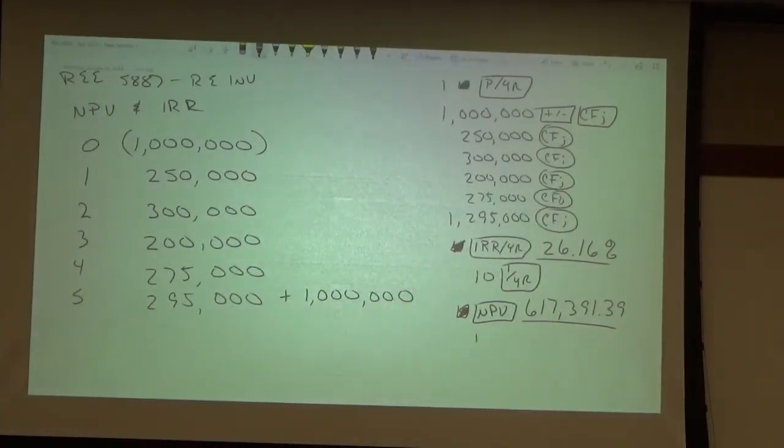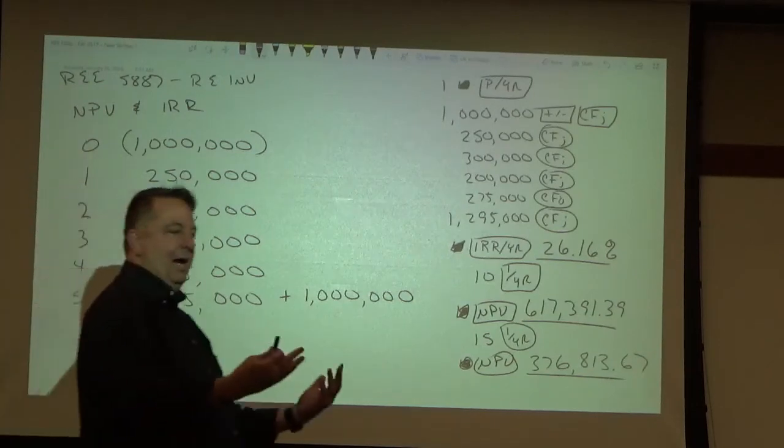Let's say our hurdle rate instead were 15%. All you're going to do is put in the 15%, put in everything else, and then resolve for net present value. Let's see what we get. So 376,813.67.